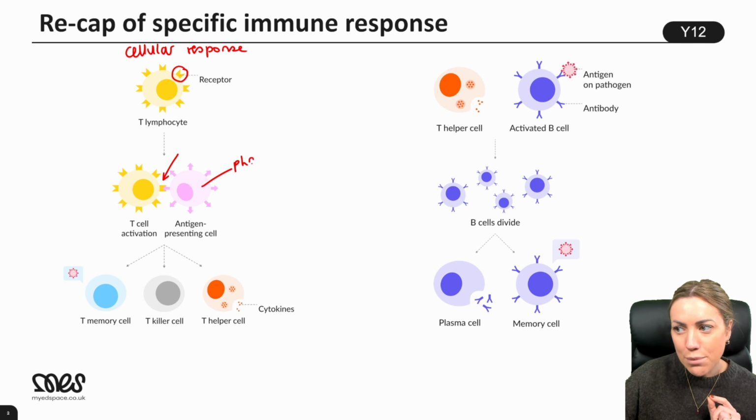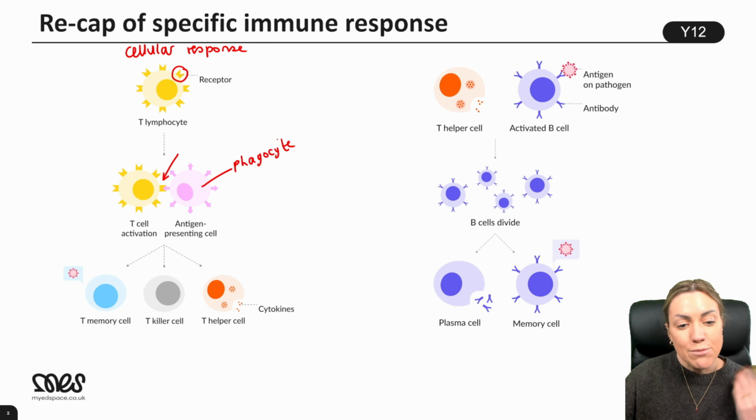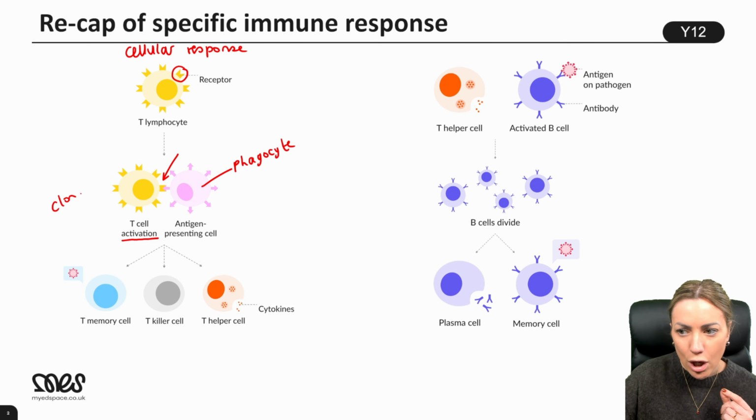So this, for example, could be a phagocyte, like a macrophage, that is presenting those foreign antigens on its surface. And as the receptors of the T lymphocyte bind to those foreign antigens, that T lymphocyte is going to be stimulated or activated. We can call this clonal selection.